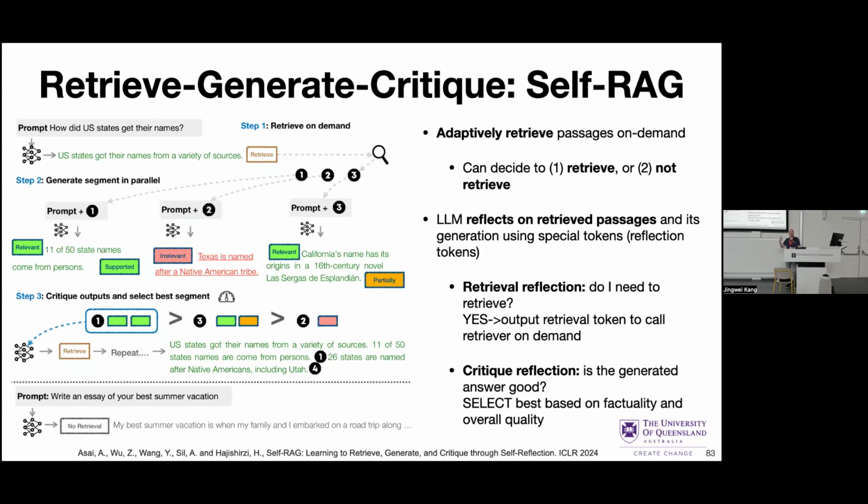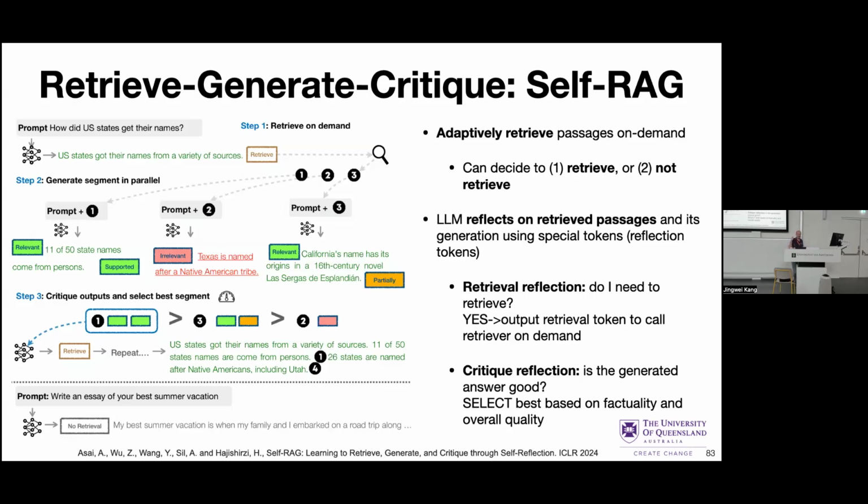And that also means that we could have a more efficient and effective answer generation. So an example of this adaptive way is the retrieve, generate, critique pipeline, called self-RAG. What self-RAG does is, given a query, it has two decision points. One is whether it should issue the query to a retriever or not, or whether it should instead directly generate an answer based on the model parameters, so the knowledge of the LLM.